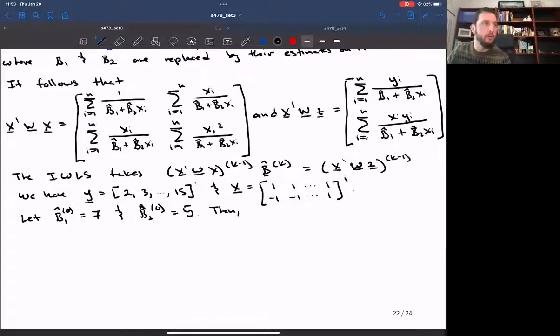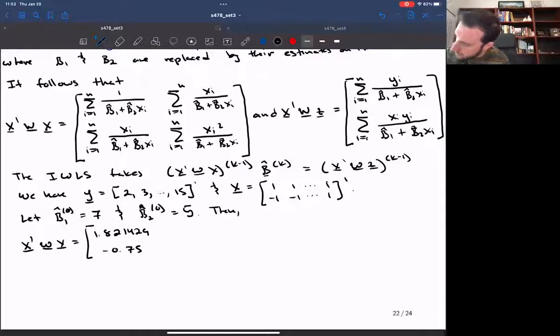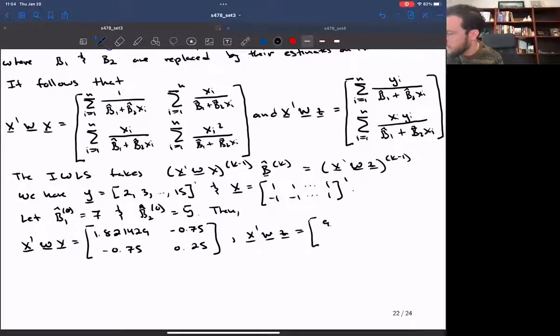So what we end up with is X transpose WX equal to 1.821429, -0.75, -0.75, 0.25, and X transpose WZ is equal to 9.86, 9048, 0.5833.